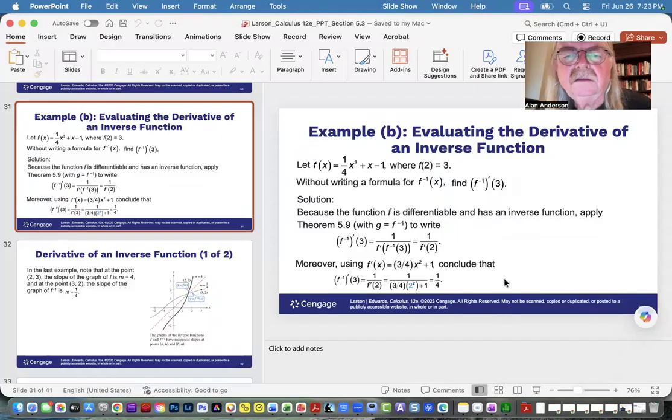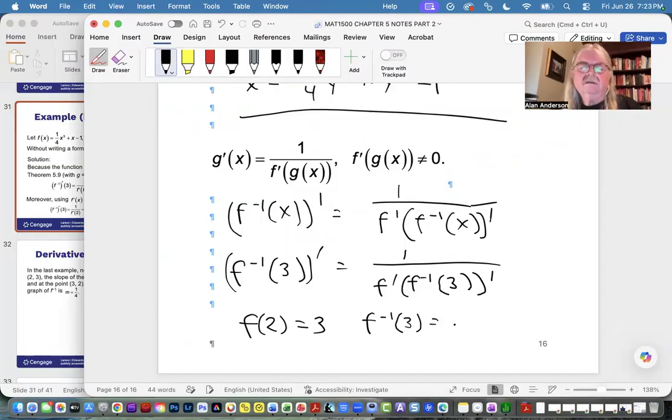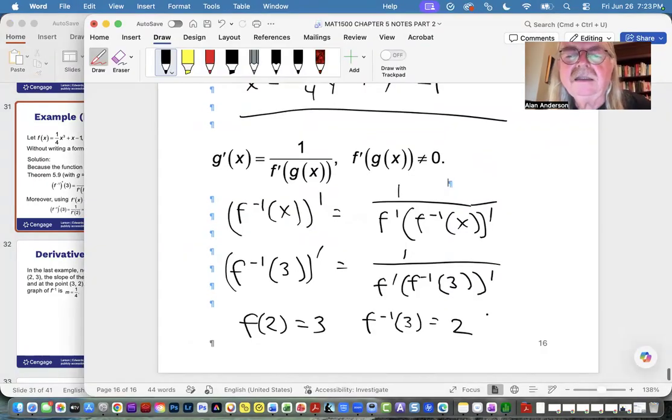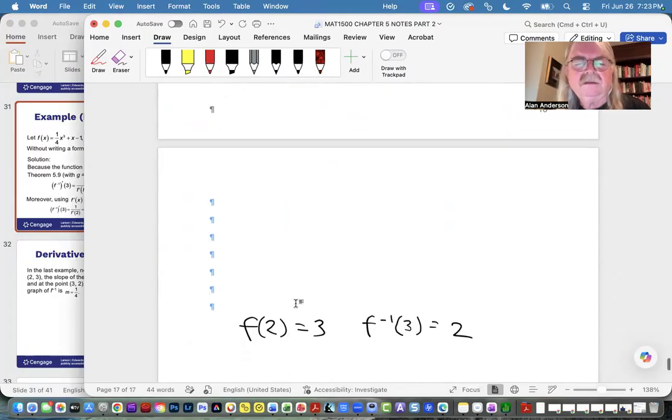And so they're telling us that f of 2 is 3, which means okay. Okay. So they skipped that step. Okay. That was wrong of them. Oops, hold on a second.